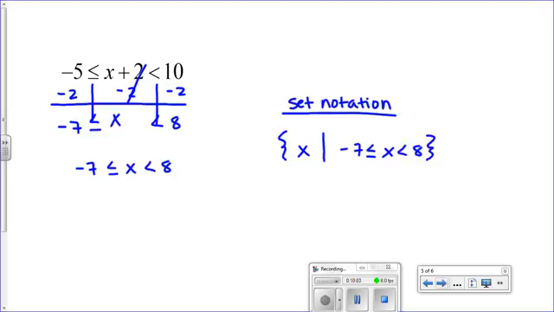So set notation really doesn't change. You're always going to have your braces, you're going to have x such that, and then you put whatever you have as your solution.